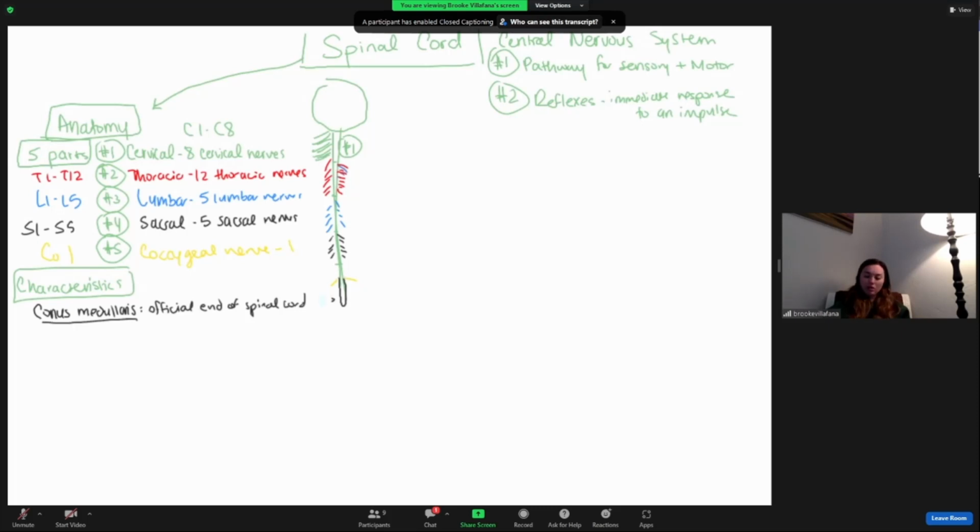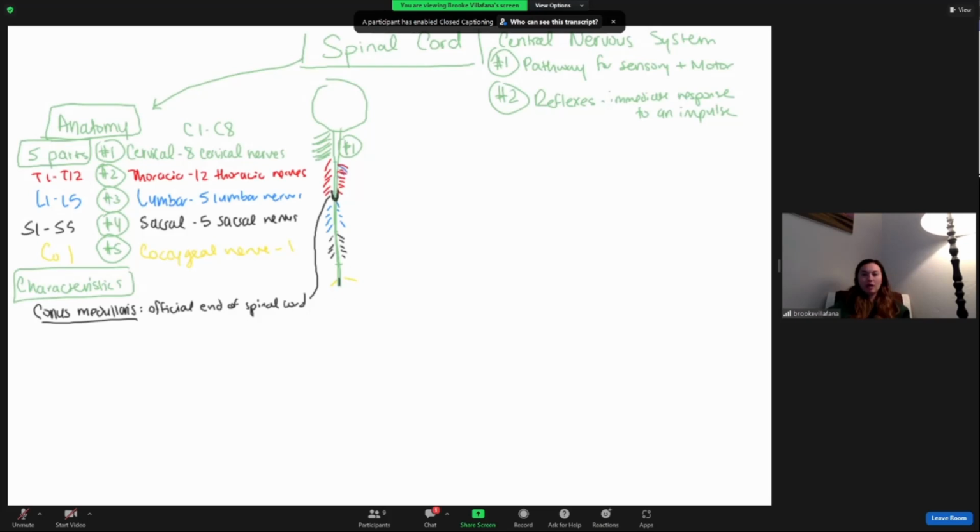But the location of that conus medullaris is not where you would think it would be, where I just drew it, at the end. So it's actually located between T12 and L1. So right here, the end of T12 and L1 is the official end of the spinal cord.